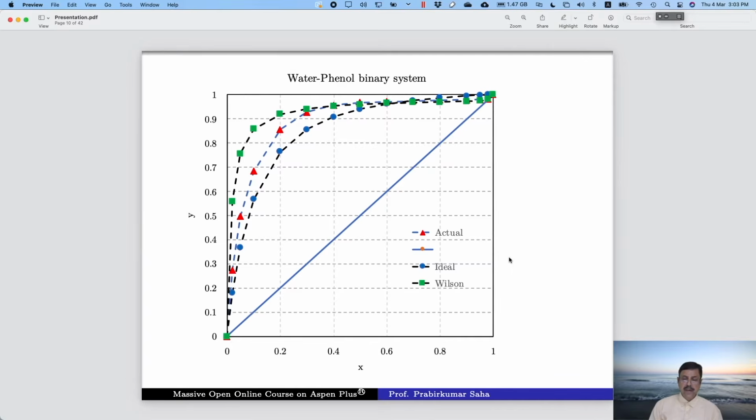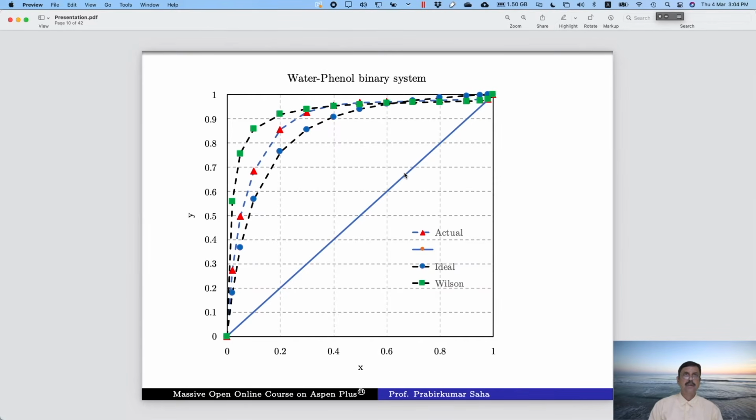Now we have tried Wilson also. Wilson is another activity coefficient model. That also we have tried, and that also does not match the experimental data curve. So we have to find some other property method for the water-phenol binary system, but definitely it is not ideal behavior.